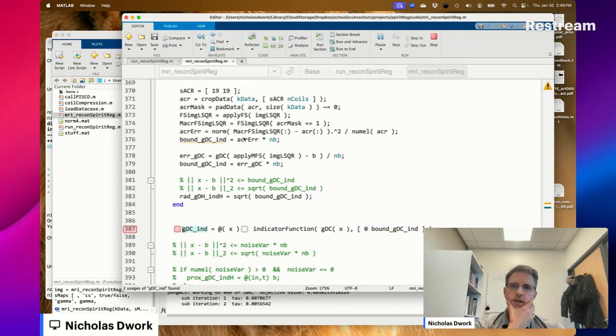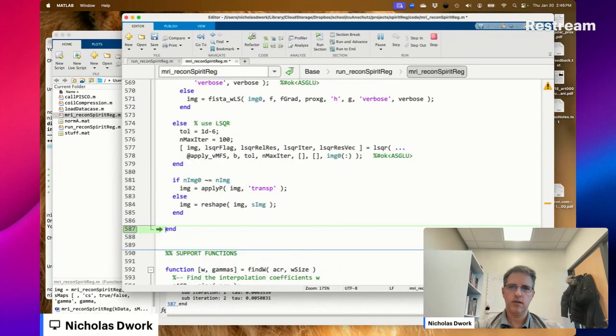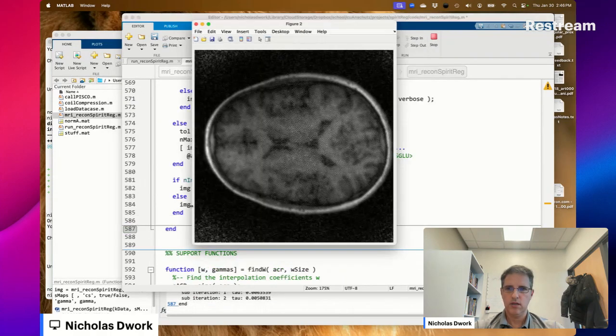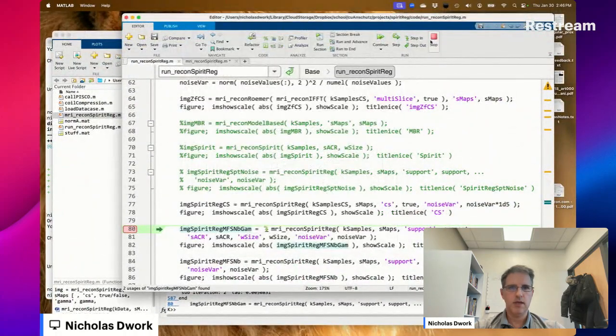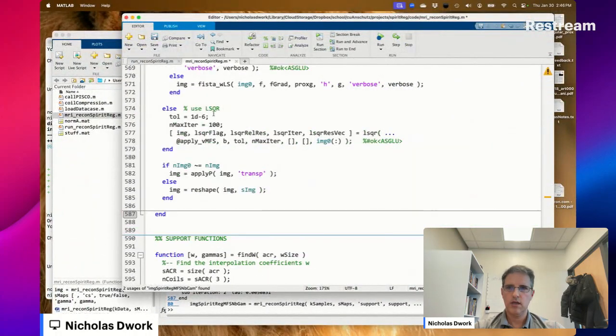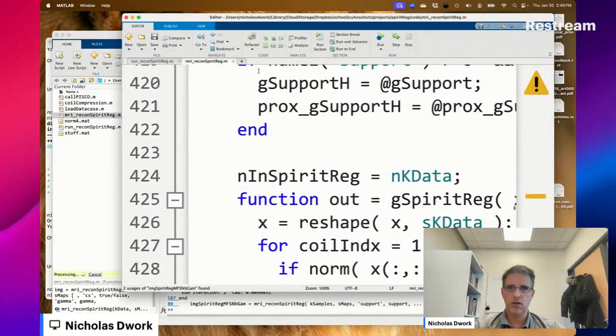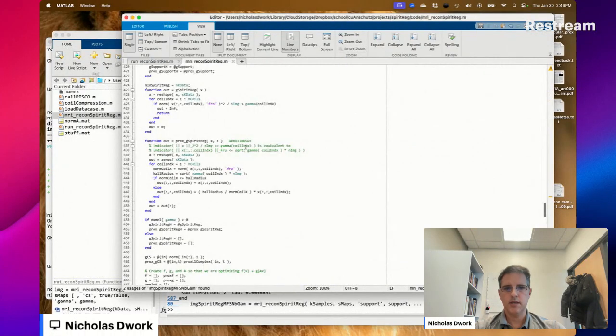There's an error here. We do need a 0.5. That's pretty bad. My goodness.